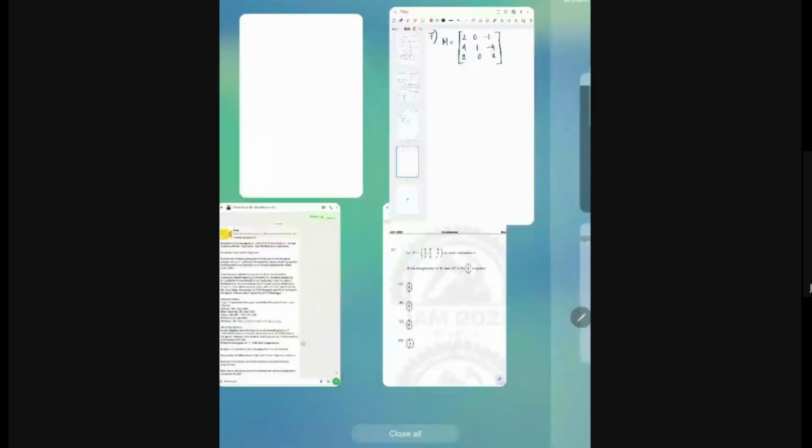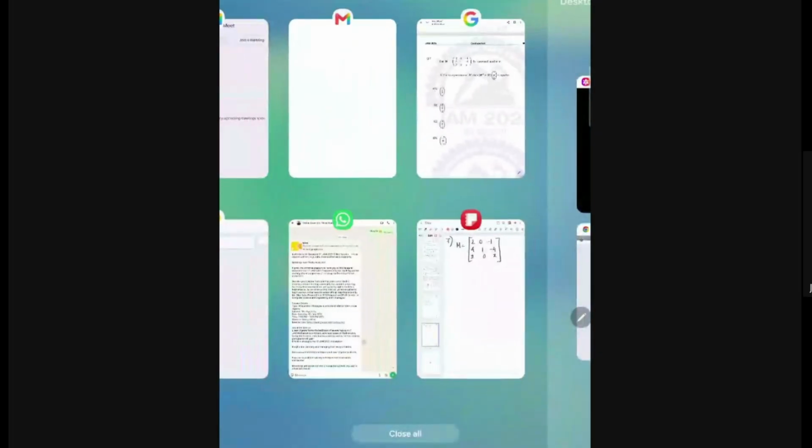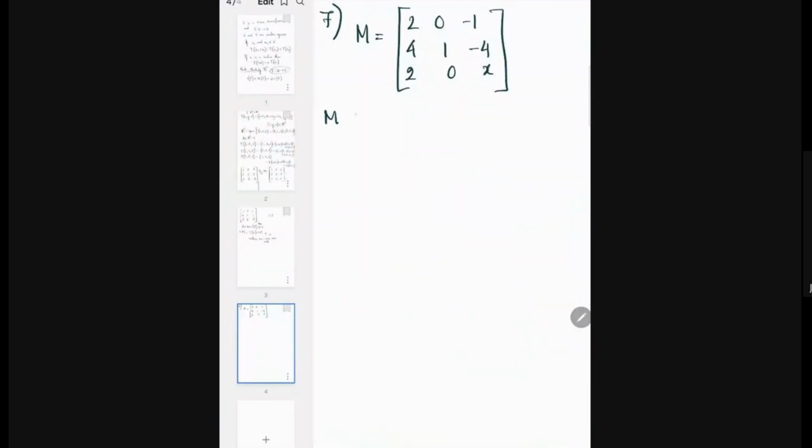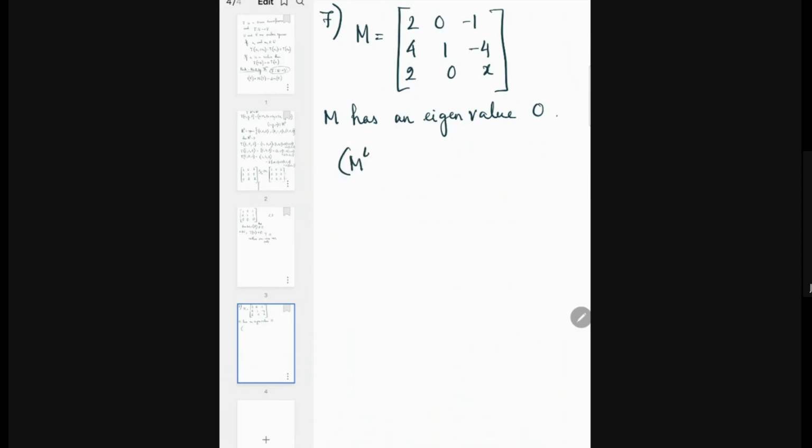Now we have 0 as the eigenvalue of M, and they want you to calculate... now if M has a 0 eigenvalue, what should be the determinant of M? 0.